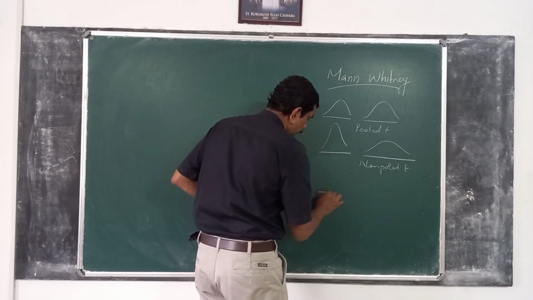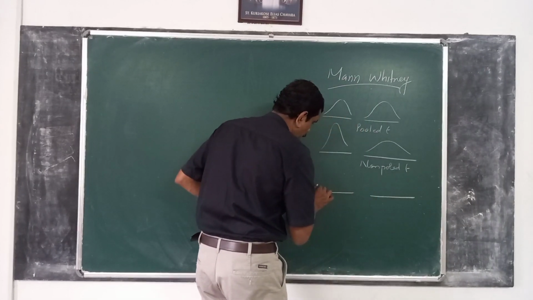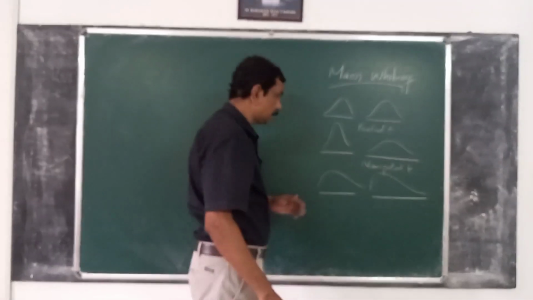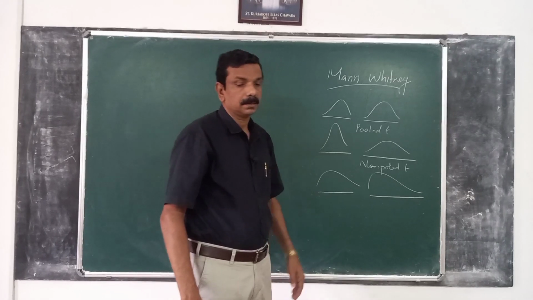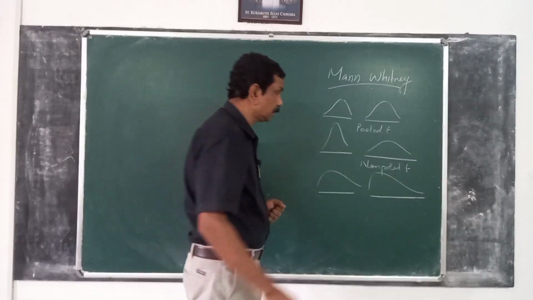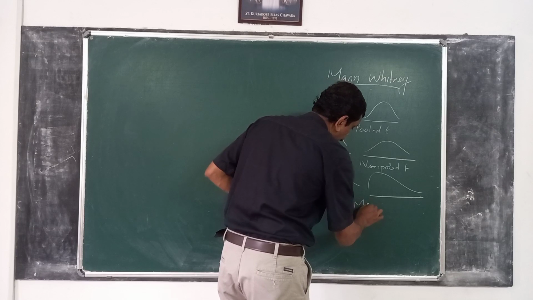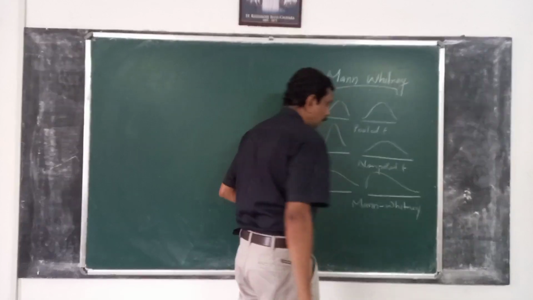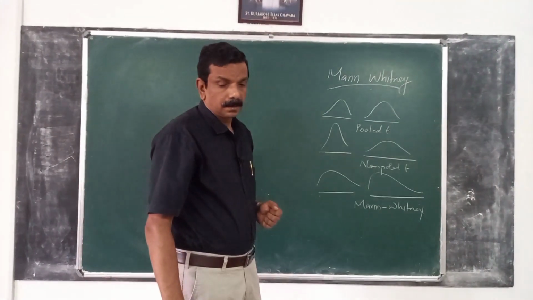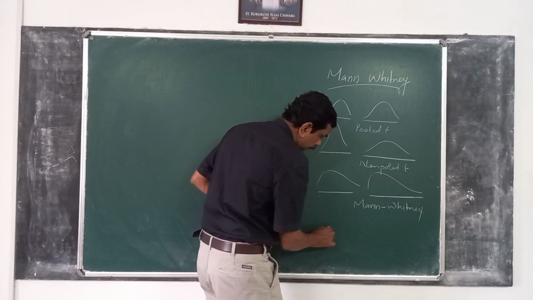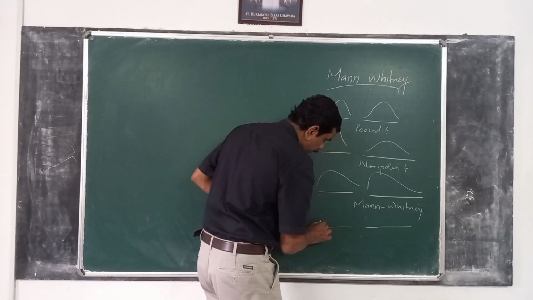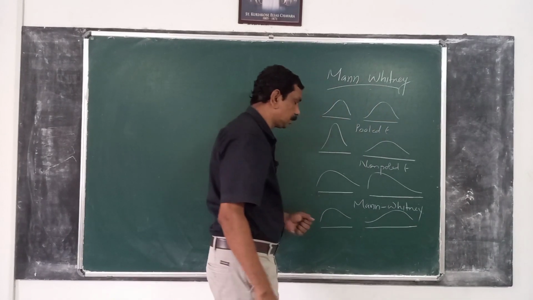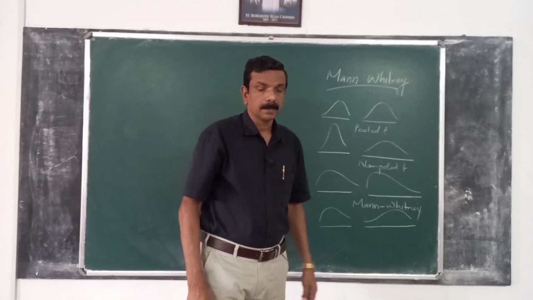Now consider two distributions whose shapes are identical, not normal. As you can see, then we use the Wilcoxon Mann Whitney test. Now suppose that one distribution is like this, another is like this. Both the distributions are non-normal, not identical.